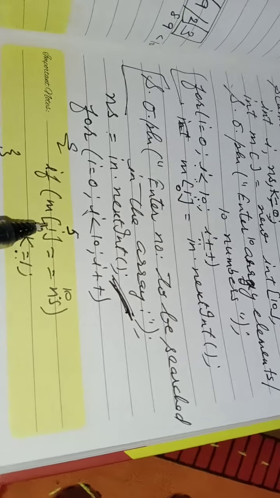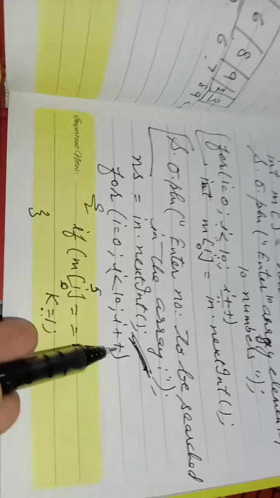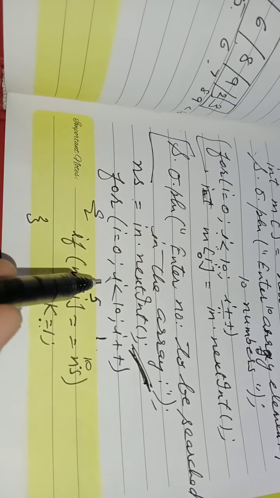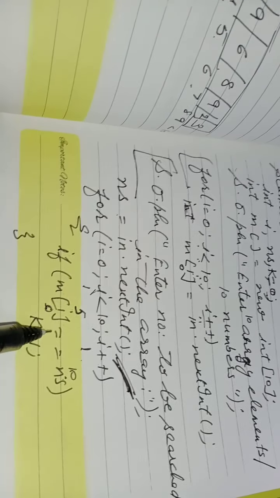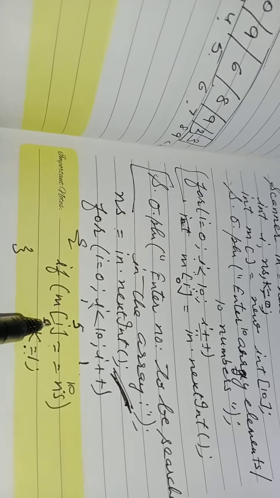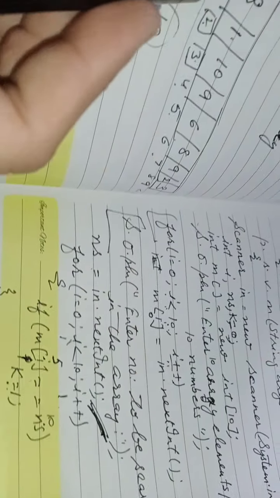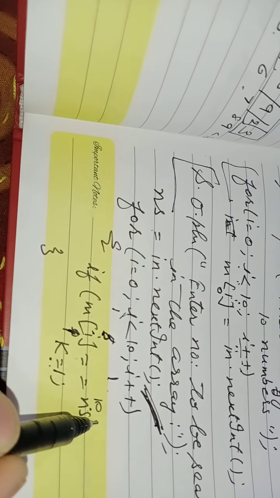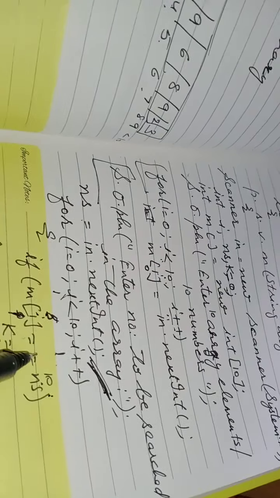But here our condition is false because 5 is not equal to 10. So i++, next i is 1. Check 1 is less than 10. Now m[i] is not 0, it is 1. What is on 1? 8. So 8 is not equal to 10, right? Condition false. k will not be 1, it will remain 0.